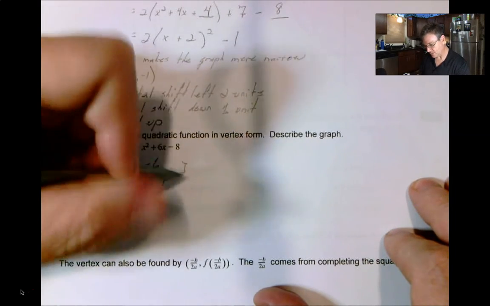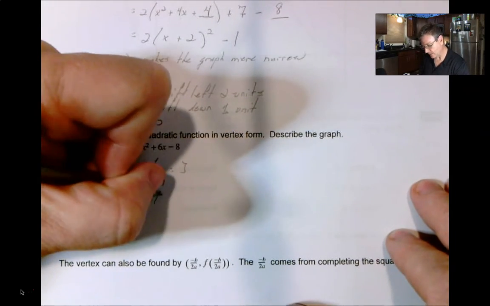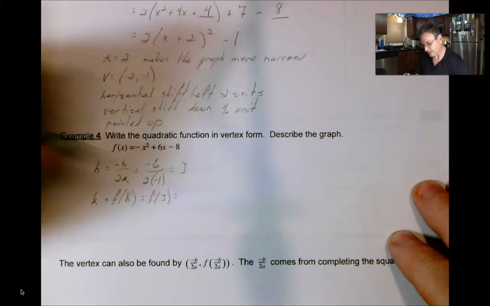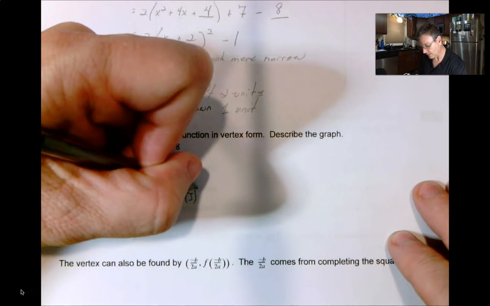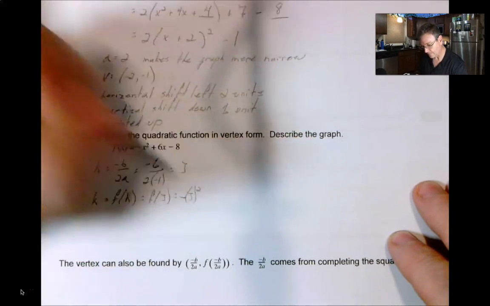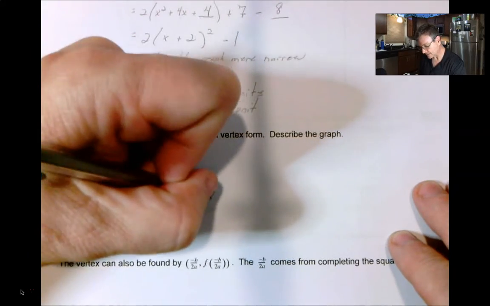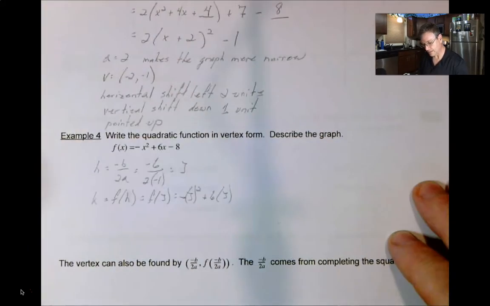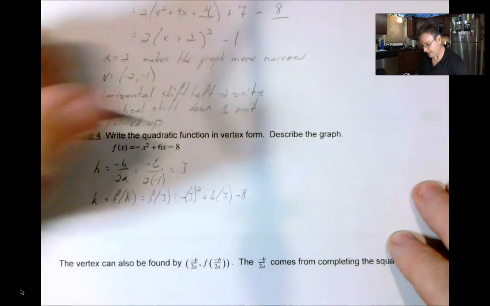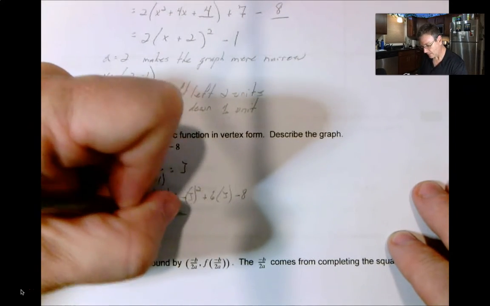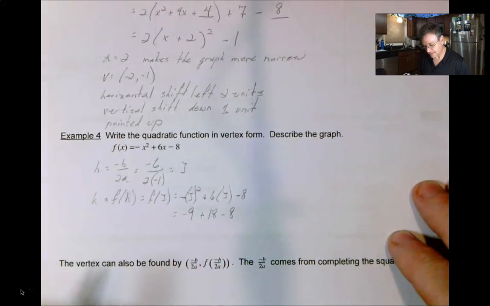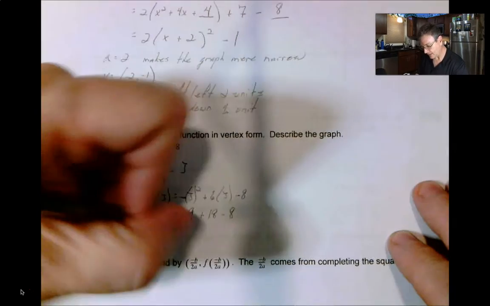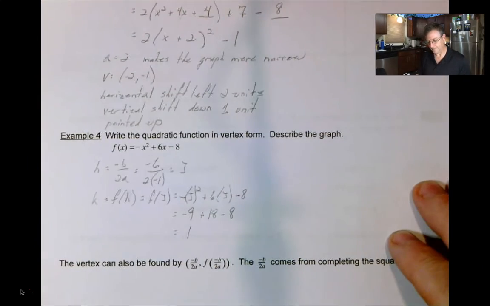f of h, which is equal to f of 3, which is equal to -3 squared plus 6 times 3 minus 8: -9 plus 18 minus 8. That's 9 minus 8, which is 1.